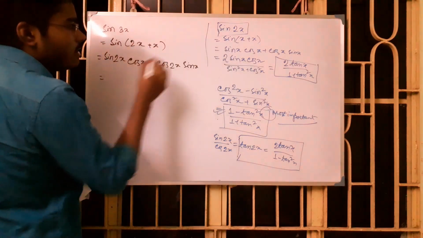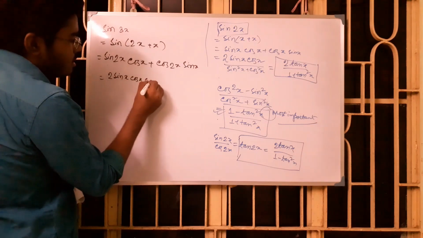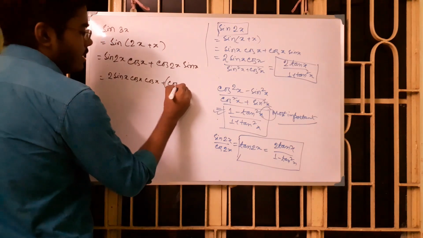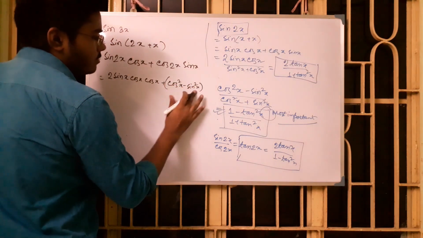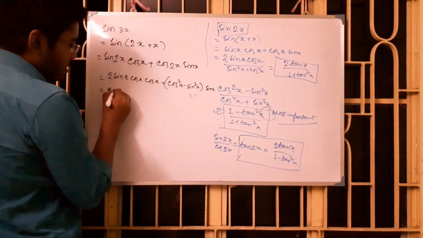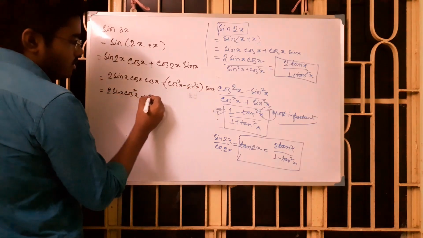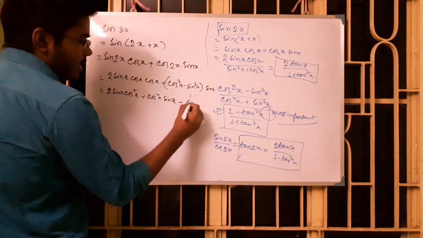What is sin 2x? Sin 2x is 2 sin x cos x into cos x. What is cos 2x? Cos 2x is cos square x minus sin square x into sin x. Okay, into sin x. So 2 sin x into cos square x plus cos square x into sin x minus sin cube x.